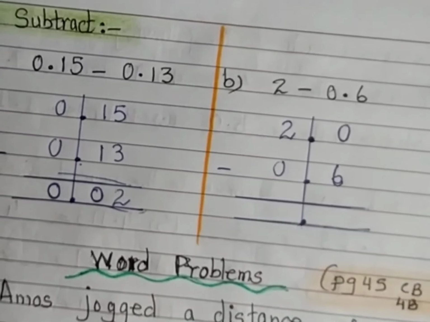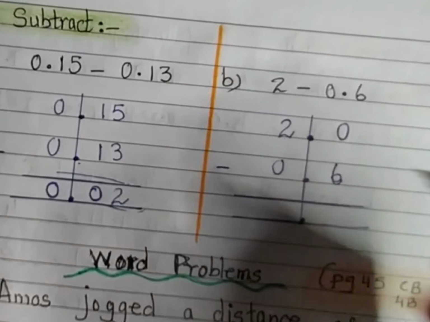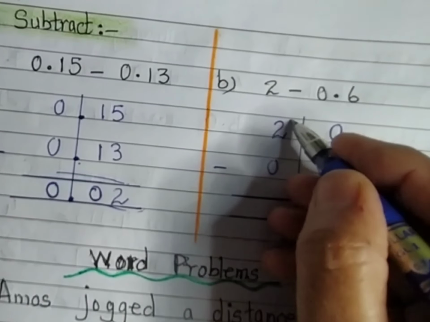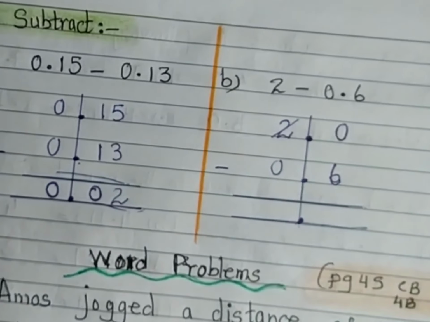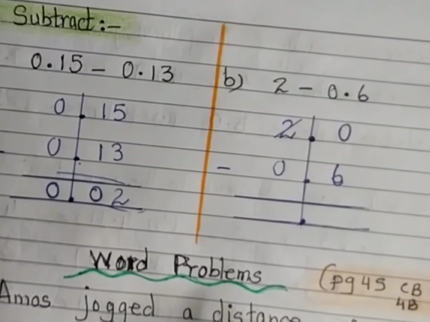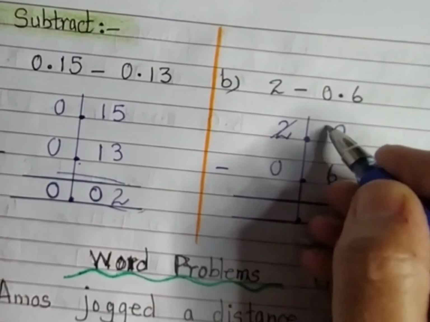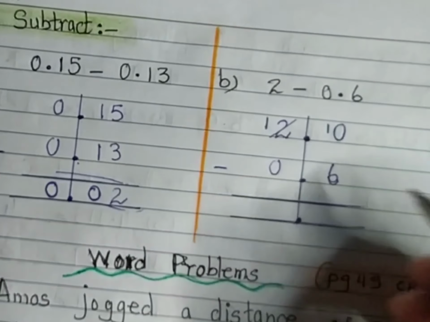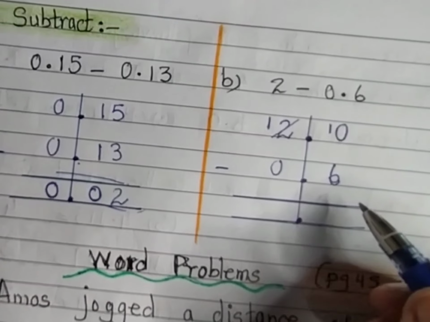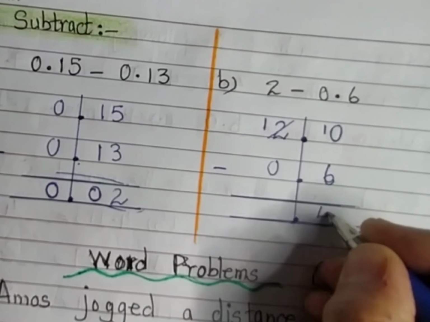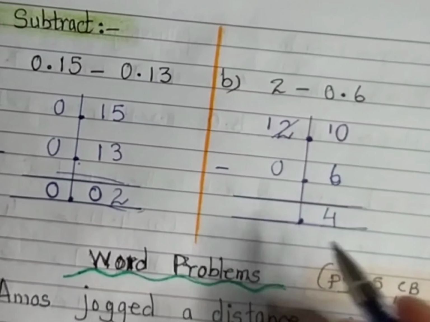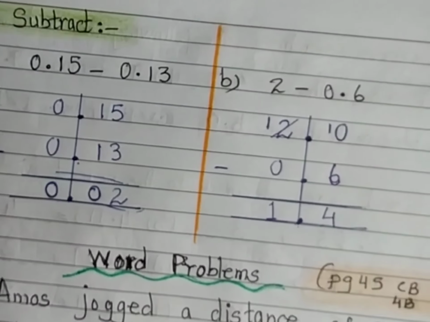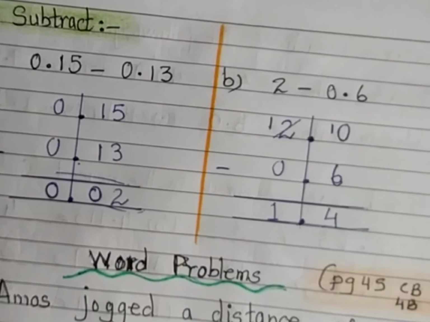So you are going to borrow a number from the neighbors, and the neighbor will knock the door, and the neighbor opens the door and gives you a figure 1. Okay, take it, and we have 1 left here. So 10 minus 6 gives us 4, and 1 minus 0 is giving us 1. Of course, you have nothing to minus here, so 1.4 is your answer.